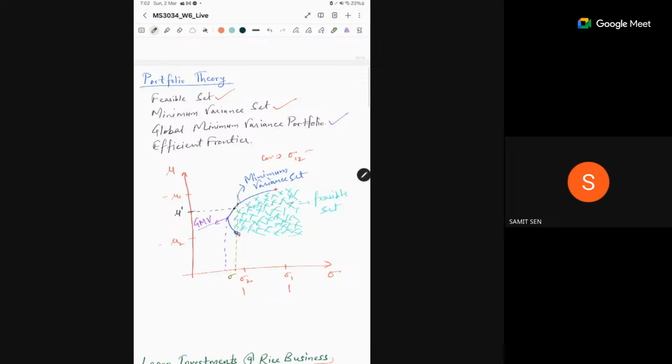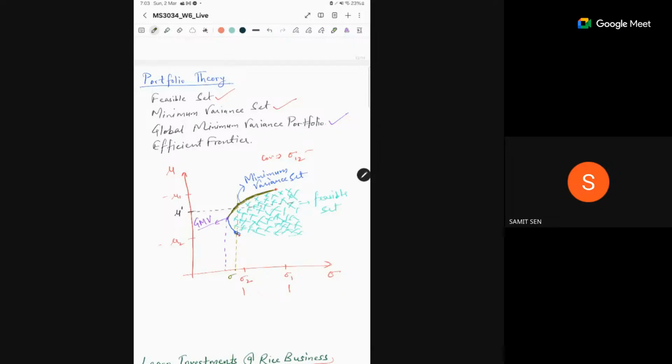If I apply this condition, then I would be interested only in the points which are above this global minimum variance portfolio and which are part of the minimum variance set. A rational individual will only be interested in this part of it.